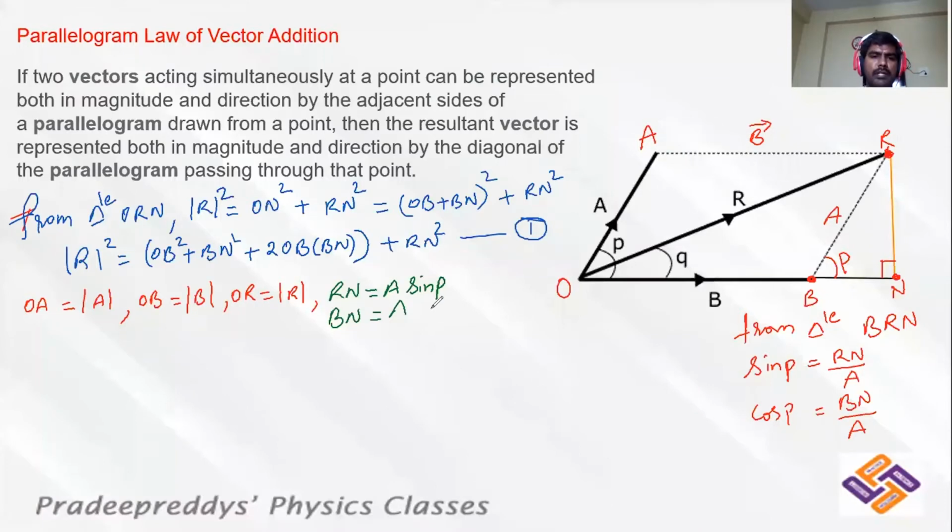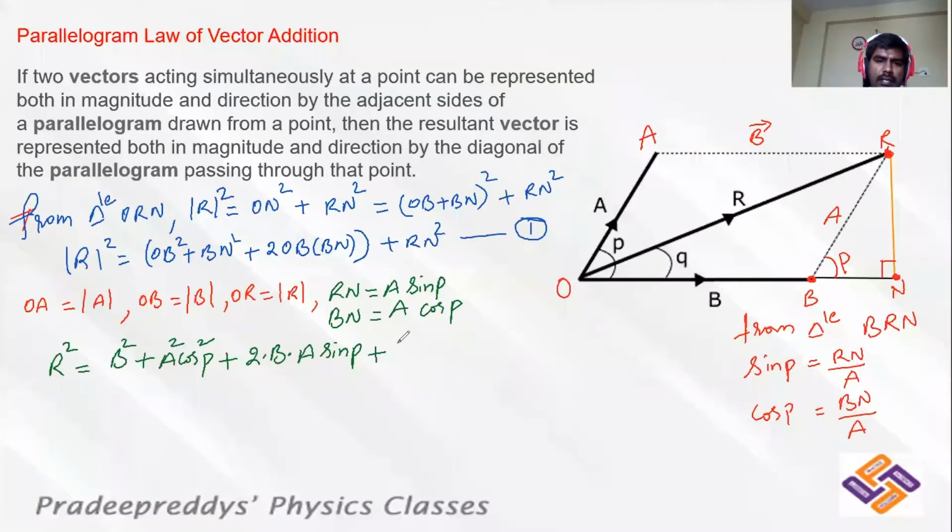So we have all those terms which are related to equation 1. Just substitute all these in equation 1. R magnitude whole square is equal to OB square, that is B square, plus BN square, it is A square cos square P, plus 2 into OB is B into BN is A cos P, plus RN square is A square sin square P. A square cos square P plus A square sin square P, you can write as A square.